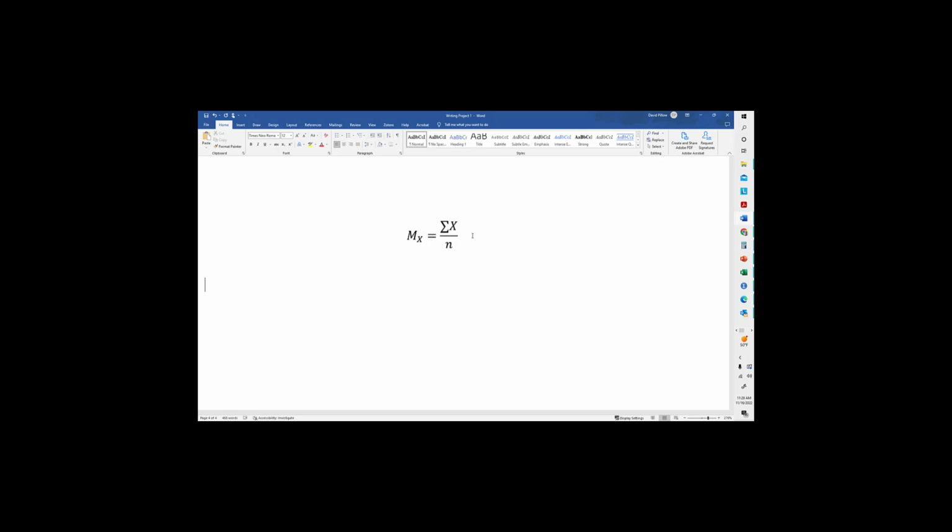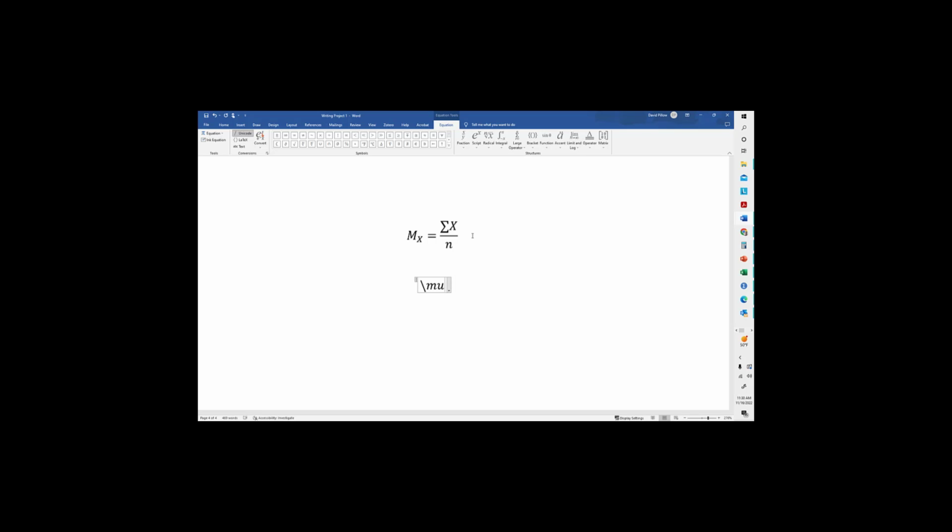Okay, let's do it again. An easy way is to just go Alt plus equals. You don't even have to do the insert equation. And you can write in Greek, forward slash. Forward slash is your friend.